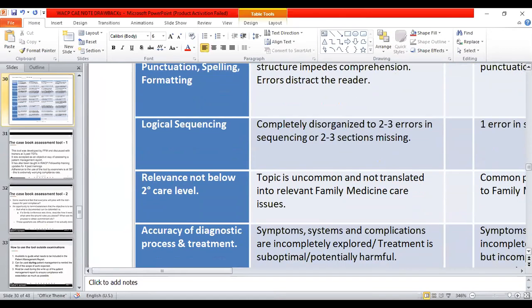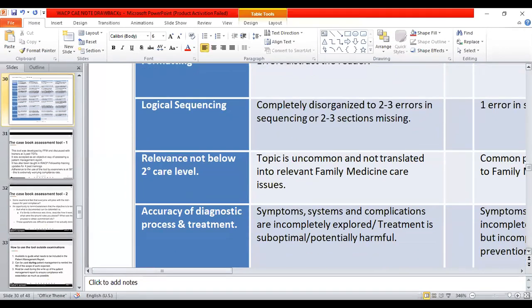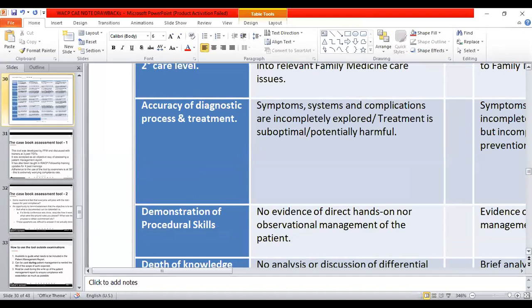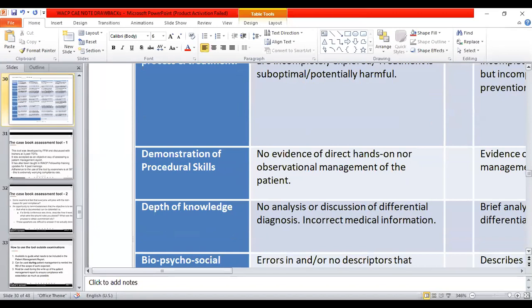Accuracy of diagnostic process: in arriving at your diagnosis, did you use the right approach? The next one is demonstration of procedural skills. If you say you did a particular skill, is that the right skill? Can you explain it? Then depth of knowledge of what you are doing when you are discussing. Does it show that you understand what you are doing?